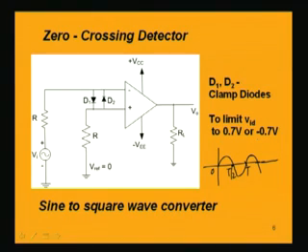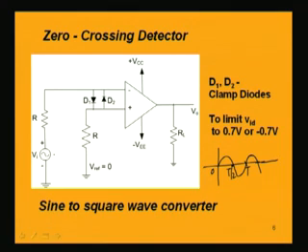Here the reference voltage is 0 volt. The positive terminal has a resistance R and is connected to ground, so 0 voltage is the reference voltage at the positive terminal. The negative terminal of the op amp is connected to the input sinusoidal voltage, but there is a resistance R also connected at the positive as well as the negative terminal.